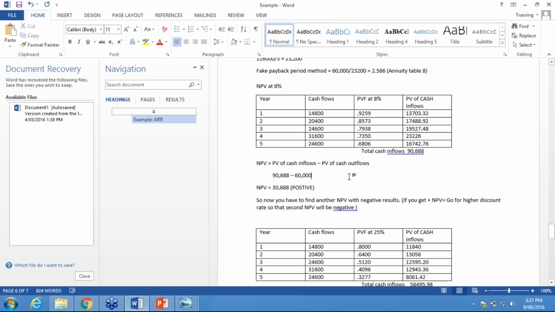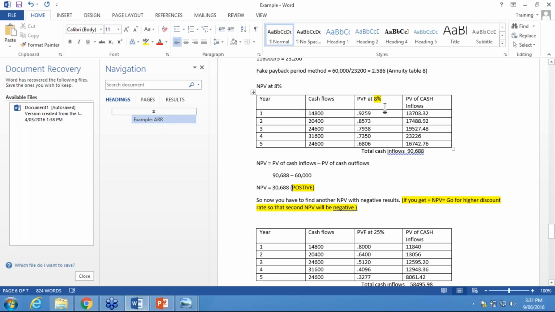Or you can remember it this way: if you get a positive NPV, go for a higher discount rate so that your NPV will be negative. Higher discount rate means, because previously you calculated at 8% and your NPV is positive, you need to go for a higher rate. Of course, more than 8%, but make sure your NPV will be negative.